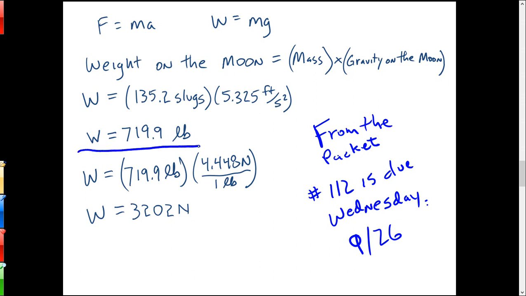So the object would be quite a bit lighter on the moon: 719.9 pounds. We can convert that into newtons and get 3202 newtons. Okay. So that's just a little bit of an example to show some of these relationships between force, mass, and acceleration. The corollary to that is weight, mass, and the acceleration due to gravity. Okay.